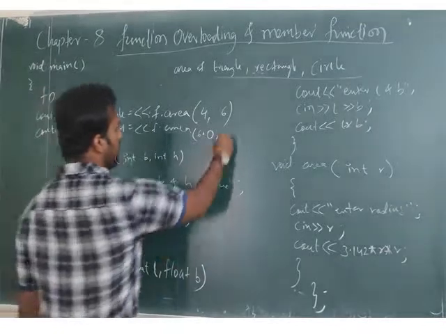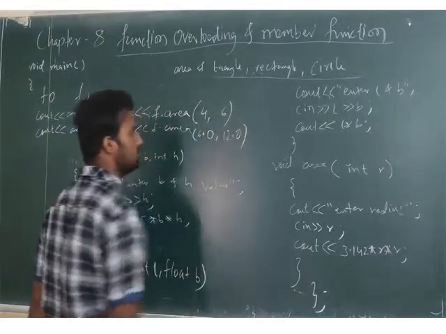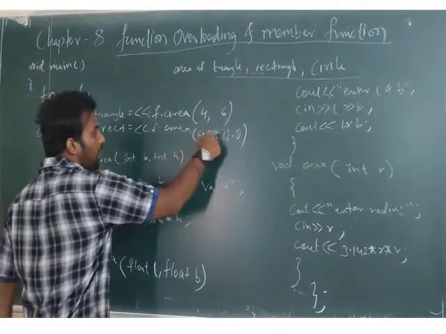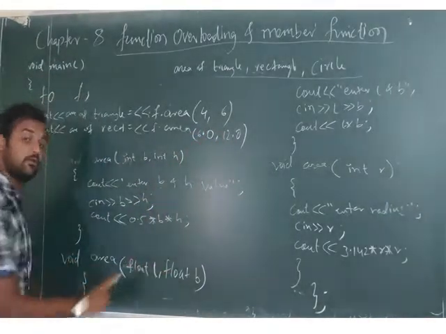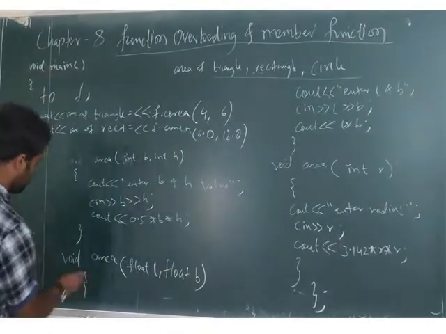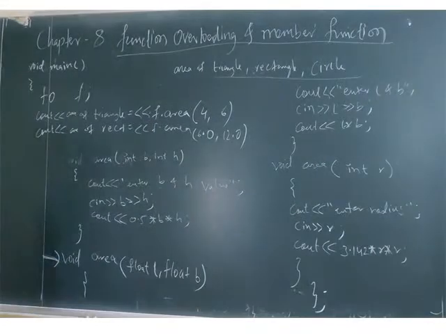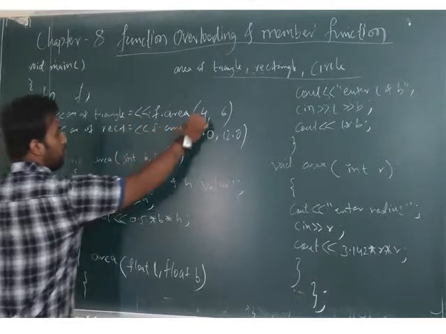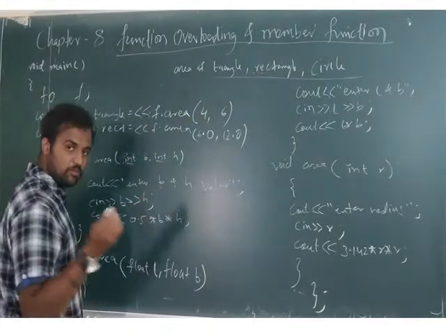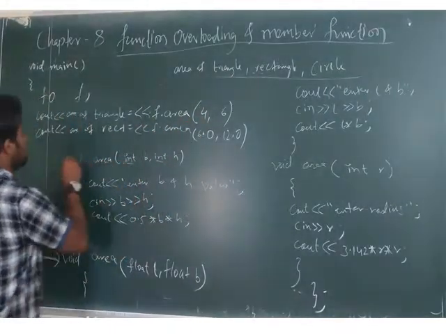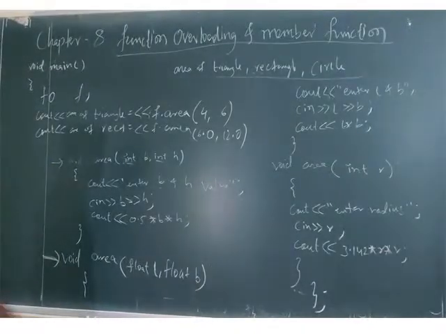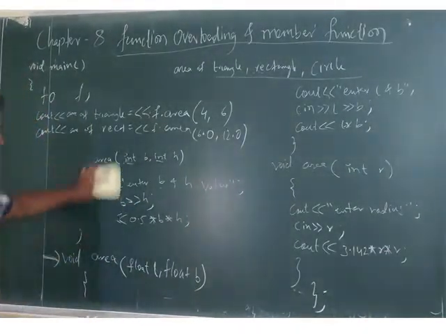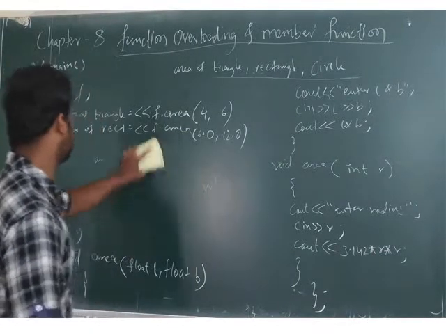Okay. Next 12.0, now automatically the computer will understand: oh, here a point is there, so we have to go for float execution or this rectangle execution. When a point is not there, it is an integer, so we have to go for half into base into height. This is how the computer understands.